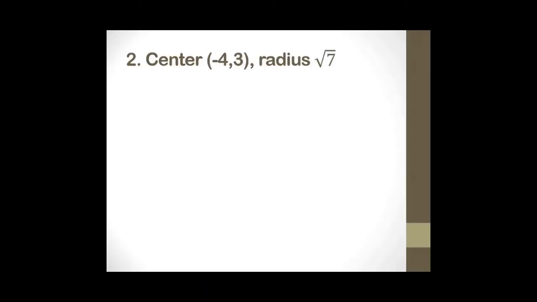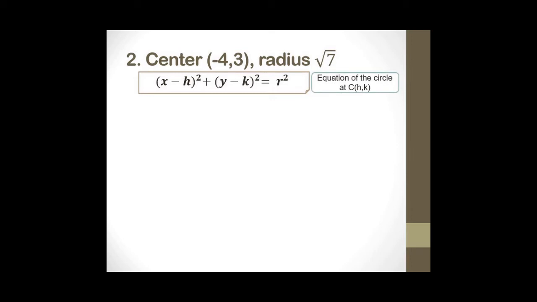Number 2. Center (negative 4, 3), radius square root of 7. It follows the pattern (x minus h) squared plus (y minus k) squared is equal to R squared. We know that the center (h, k) is (negative 4, 3), so we just substitute h and k in the equation.